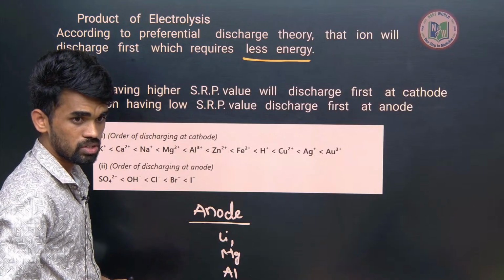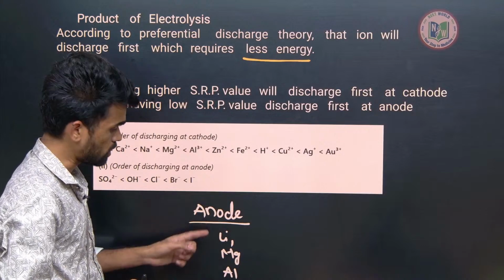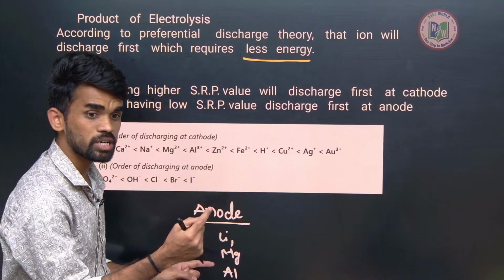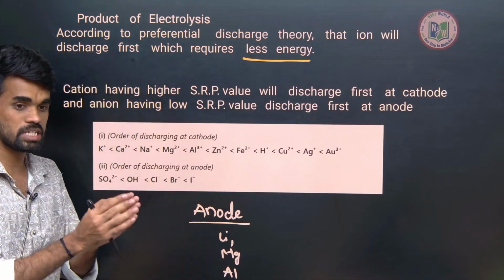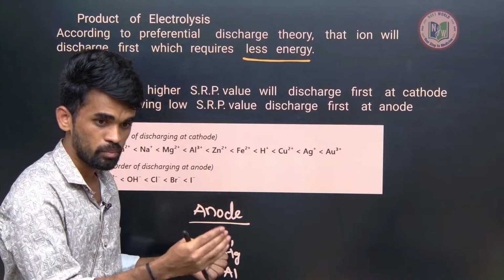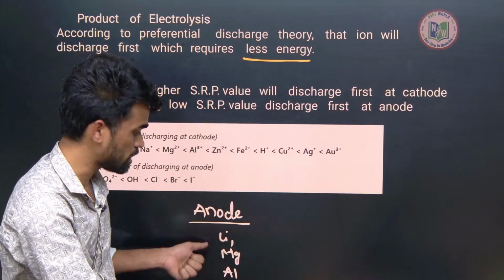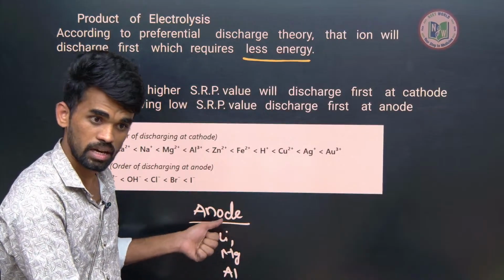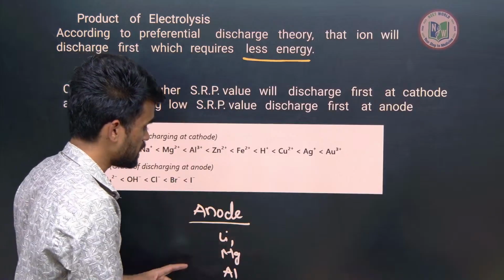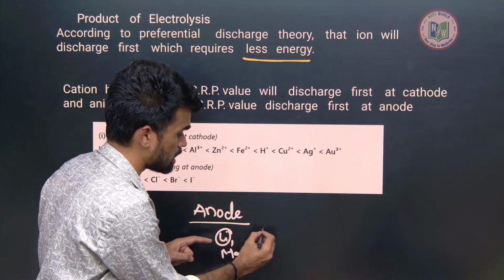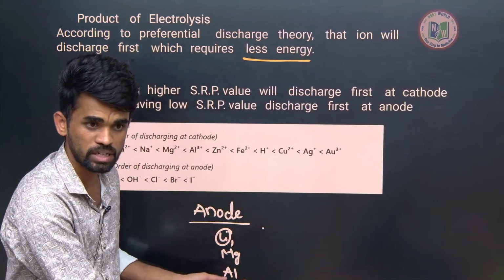Reduction potential is more negative for lithium. More negative means oxidation potential is more positive. So oxidation potential is more for lithium, then magnesium, and after that aluminum. Lithium will oxidize more readily.